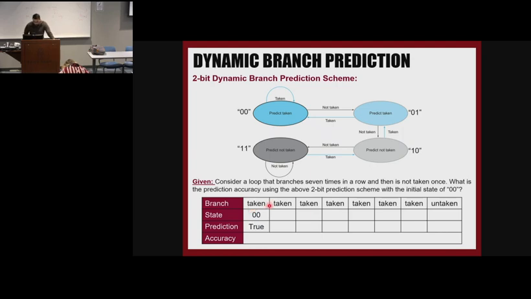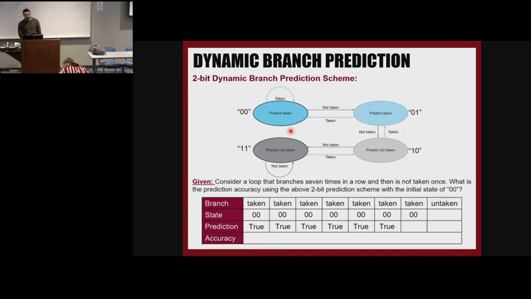So this is true. And that means that because we made the correct decision, the branch was actually taken, we remain at state 0, 0. Okay? We don't change anything. So the next state would be 0, 0. Again, the prediction is taken, and the branch should be taken. That's again correct. Same story.